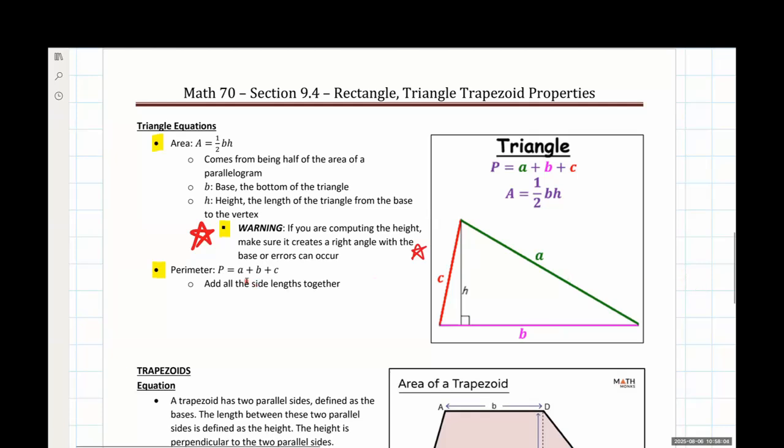The last equation that we have with triangles is just the general perimeter equation. There is nothing fancy or advanced about this one. I am just going to take the outside side lengths and add all of those together. You can write this out and then use a calculator to get to the answer. I recommend using a calculator for this.